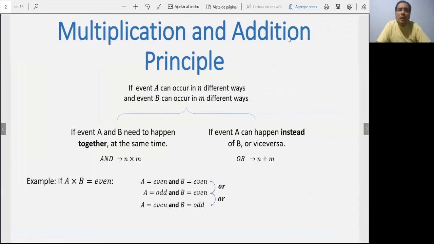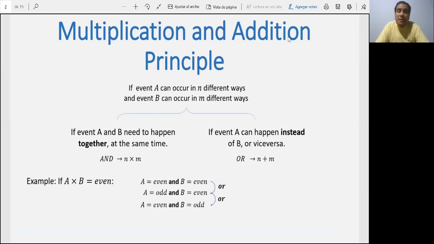Most of these problems are based on a principle that is called the multiplication and addition principle. It's all about the following situation. If you are asked to count the number of ways in which two different events can happen together, you have to consider the number of manners in which each one of them can happen, and then you have to ask yourself if the two events are happening at the same time or together, or if they are happening in an alternative way, right?